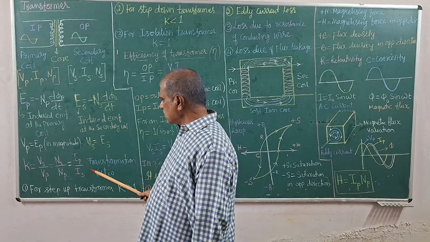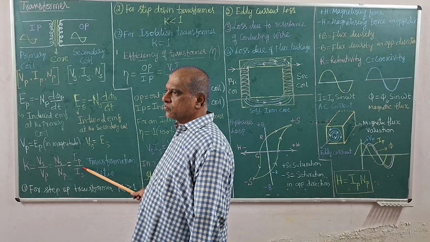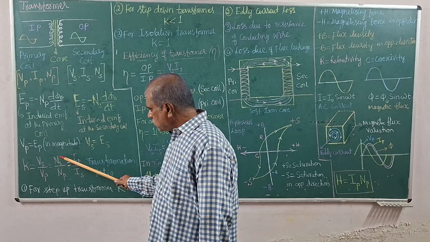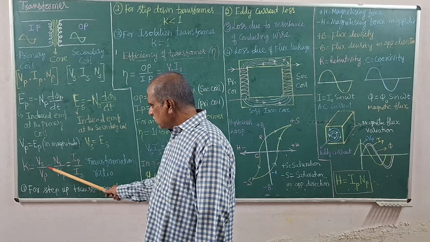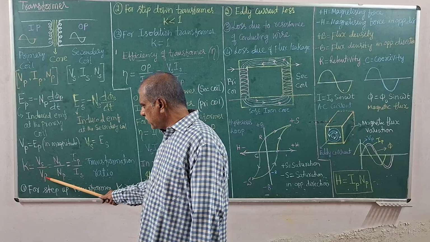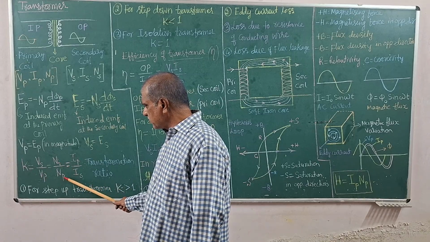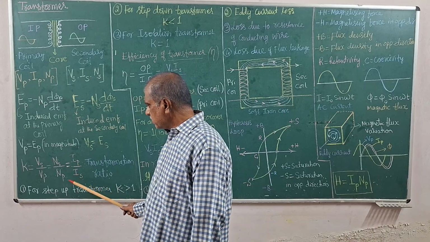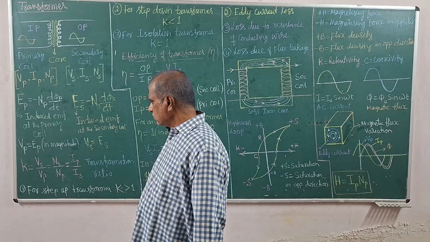These variables we take in the form of ratios: the ratio of the voltage, the ratio of the number of turns, the ratio of the current. Secondary voltage to primary voltage, secondary number of turns to primary number of turns. There, primary current to secondary current, because voltage and current are inversely related.